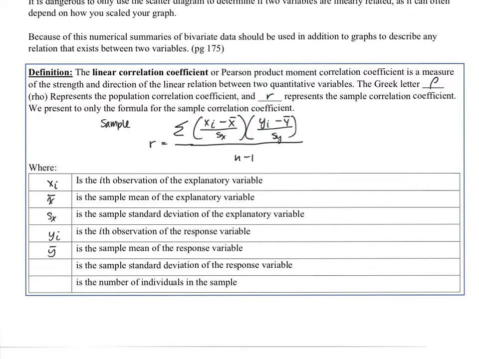Then y bar is the sample mean of the response variable. And s sub y is the sample standard deviation. And n is the number of individuals in the sample. So we have some new concepts here. Not only do we just have the mean and sample standard deviation, but we have it for each of the variables. They have their own mean, observations, and standard deviation.